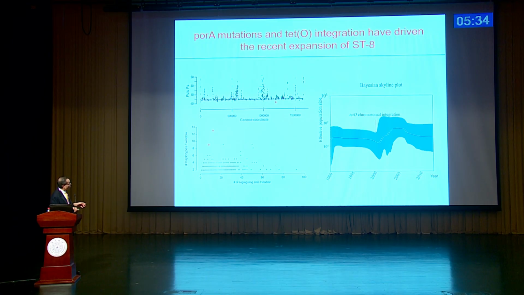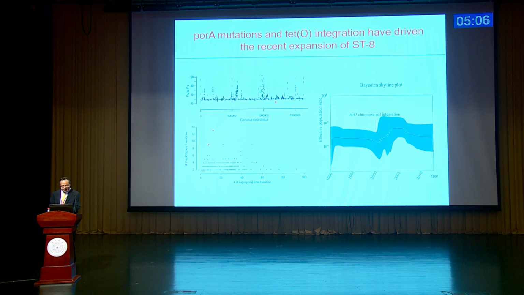Also, tetO, a tetracycline resistance gene, and its integration into the chromosome also directly correlated with ST8 expansion. So this probably means the use of antibiotics. Tetracycline is very commonly used for prevention and control of sheep abortion, and may have played a role in selecting for the emergence of this clone.